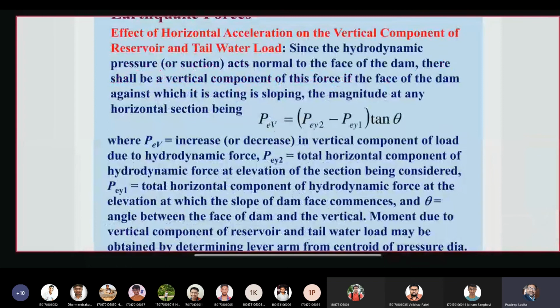The force acting is considered as acting normal to the surface. Many times when we calculate the principal stresses, the forces are acting normal. Then if you divide the component into two parts, there would be a horizontal component and a vertical component.